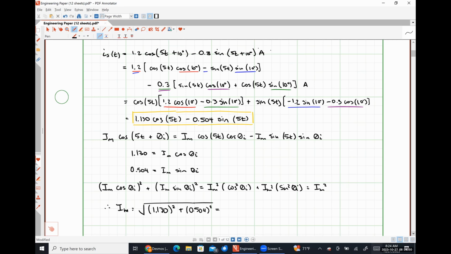Are you all following that derivation, just to be clear here? So throwing this into my calculator, I have the square root of 1.130 squared plus 0.504 squared, and I get a peak value or magnitude of 1.237.